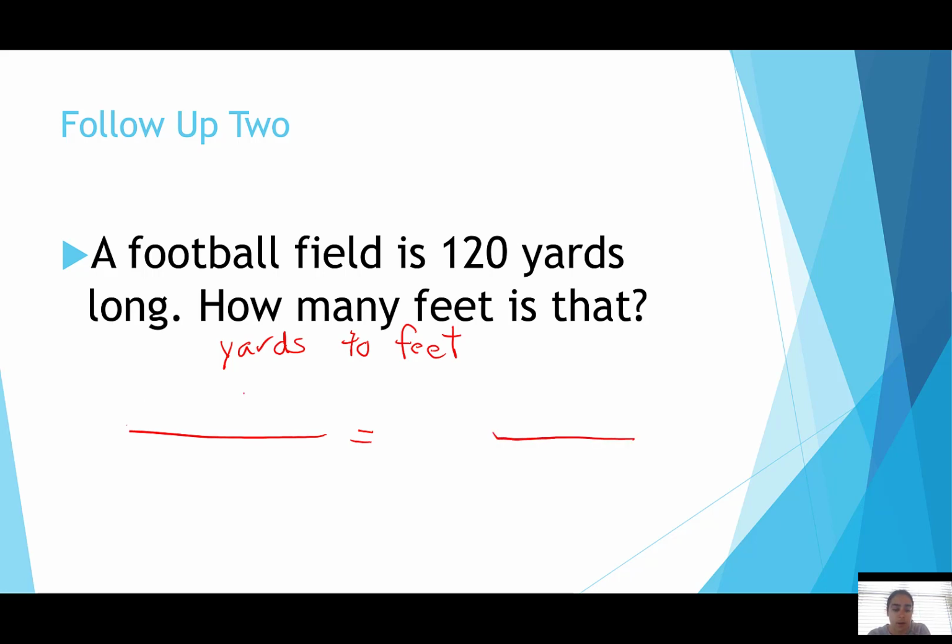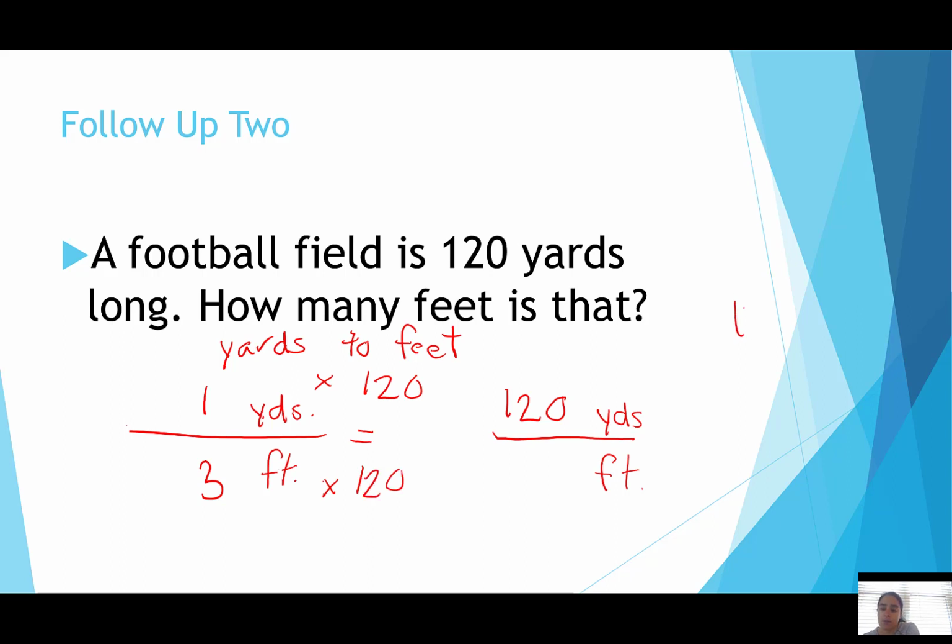So I'm going from yards to feet. I'm saying 1 yard is 3 feet, and I have 120 yards. So I'm multiplying by 120 in both the numerator and the denominator.